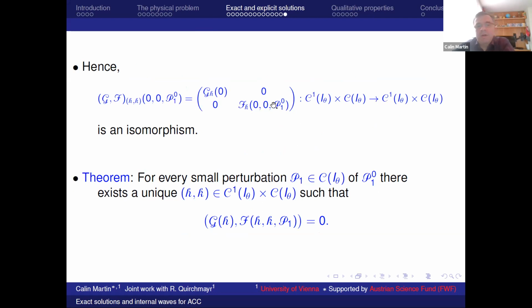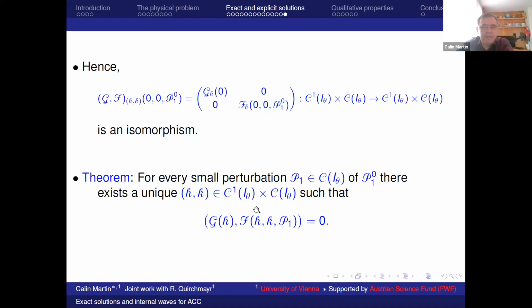And now the implicit function theorem tells us that for each small perturbation of this P01 pressure, I recall that this is the pressure required to maintain an undisturbed free surface and an undisturbed interface, for every such small perturbation there is a unique interface and a unique surface which is a solution to this equation.